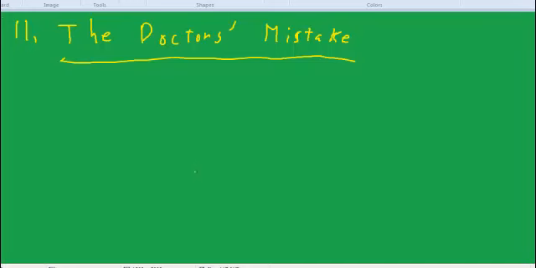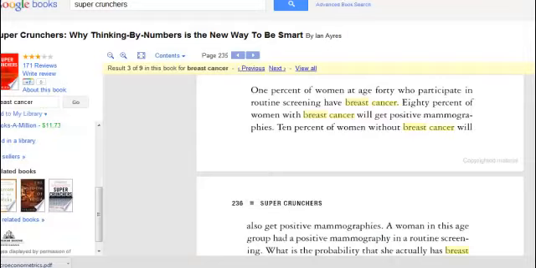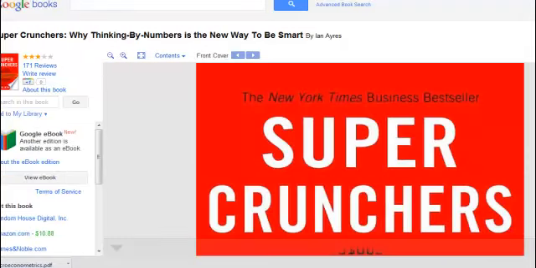I got this from a book called Super Crunchers by a fellow named Ian Ayres.